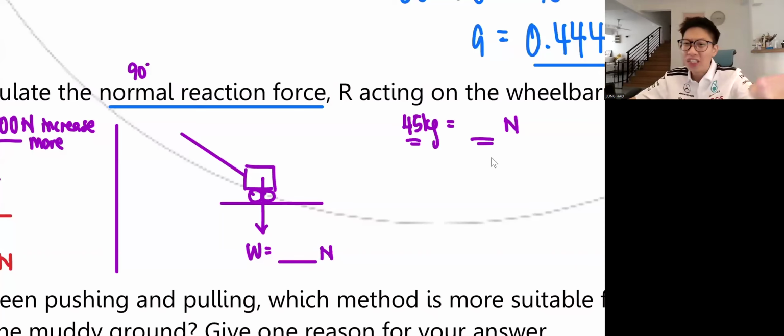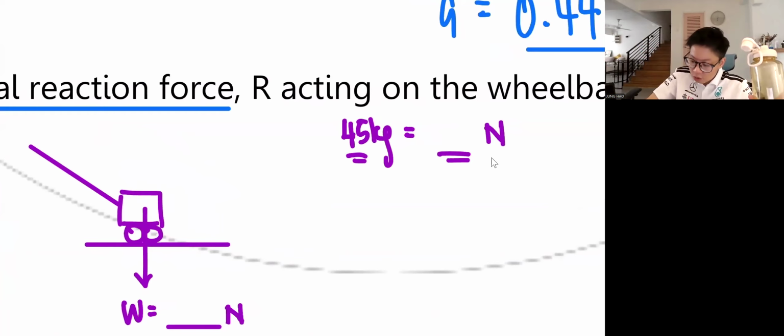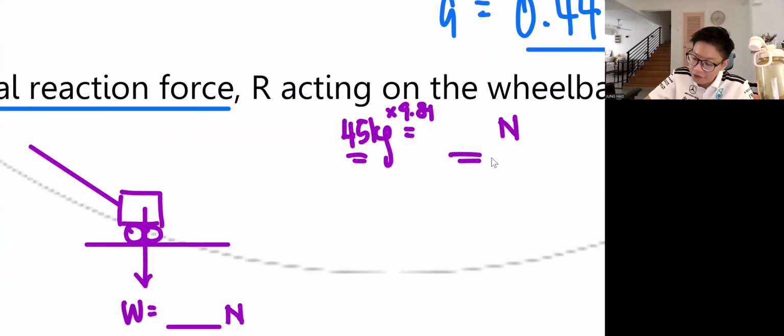So 1 kg, how many Newton? 9.81. So 45 kg will be equal to 45 multiplied by 9.81. If you draw this wrongly, I'll be angry.